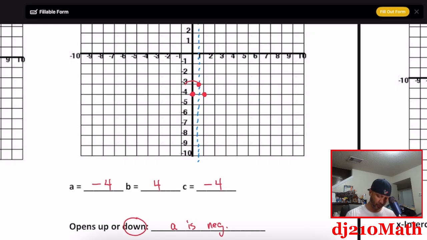So 1, 2, 3, 4. And reflect this across. Okay, if I go over 2 units, it's going to get us off the graph. So this is good for now. Connect the dots, a little curve to it. It's going to go down here.